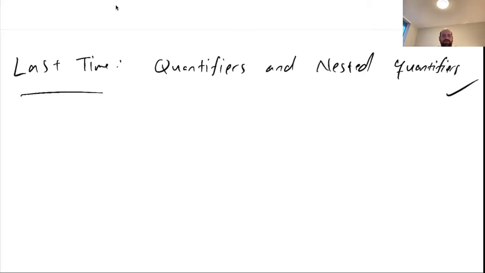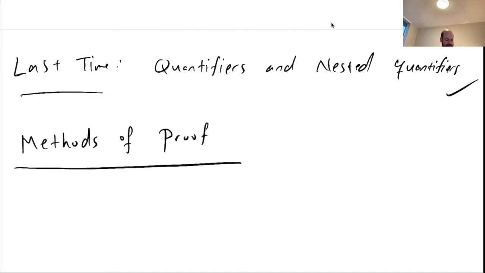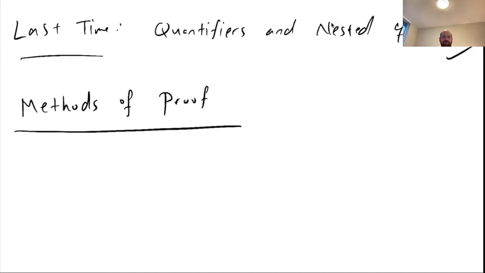Now, this time, we want to look at the methods of proof. Okay, so how do we prove a statement? And which options do we have to prove a statement in mathematics?